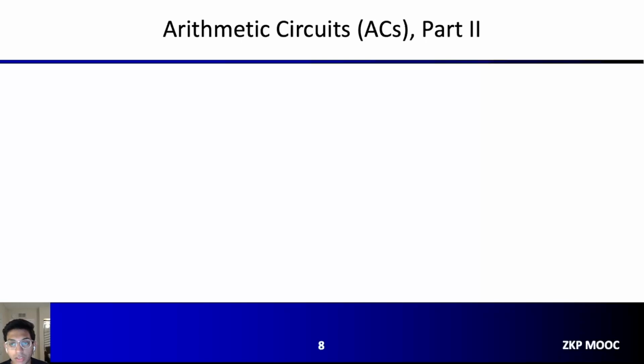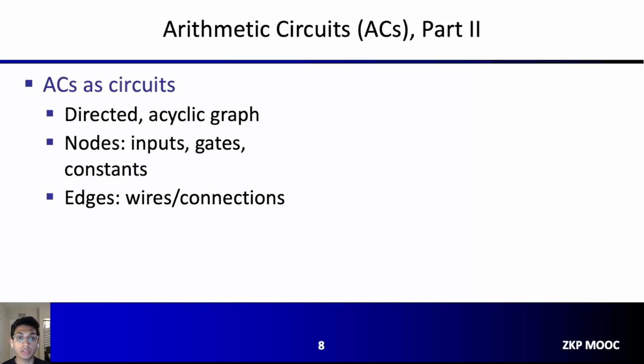So that's one way to view arithmetic circuits. But it's kind of difficult to visualize what the circuit is computing in this way. Another way to view arithmetic circuits is as a directed acyclic graph, or DAG. Here, the nodes of this DAG would be things like the inputs to the circuit, the gates such as addition, multiplication, equality testing, and some constants which are input into these gates as well.